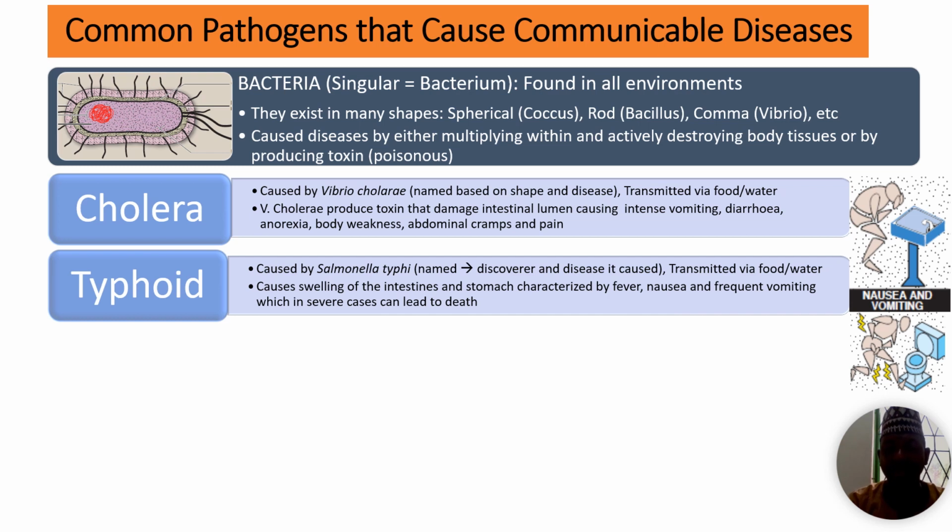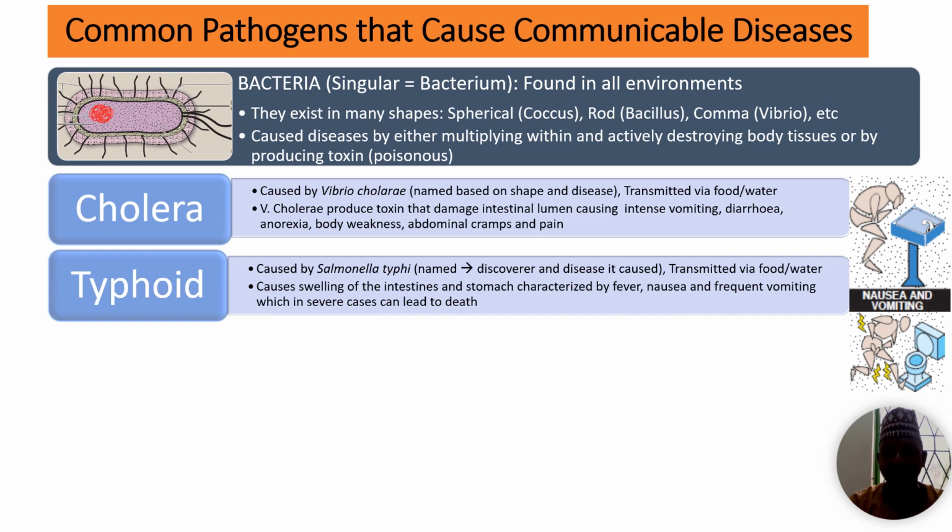Now, this bacteria also affects the gastrointestinal tract, just like Vibrio cholerae, but the mechanism is different from that of cholera. The bacteria generally multiply in the gastrointestinal tract. In the case of cholera, cholera produces a toxin that causes the damage, while in the case of Salmonella typhi, it is the bacteria that actively multiply in the gastrointestinal tract and cause the damage.